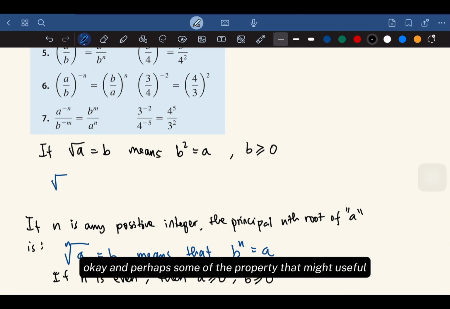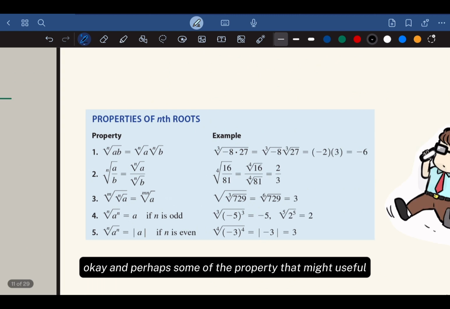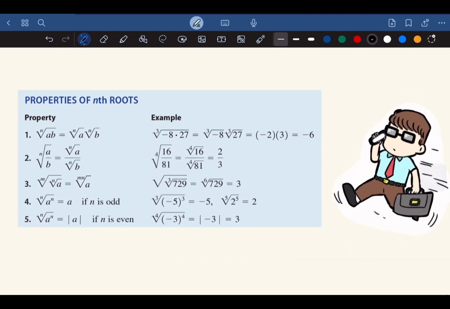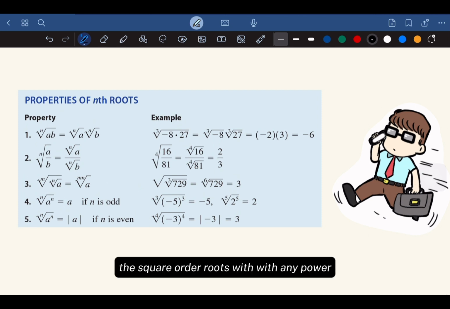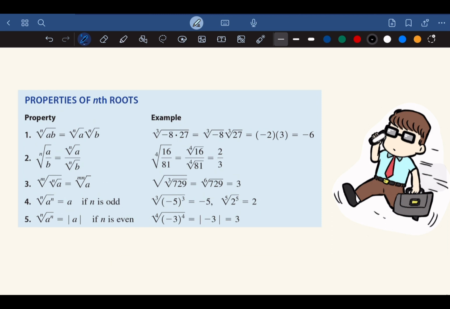Okay, and perhaps some of the properties that might be useful, we have at least 5. So this is the roots with n power. It means that we can separate these two into each of a and b.